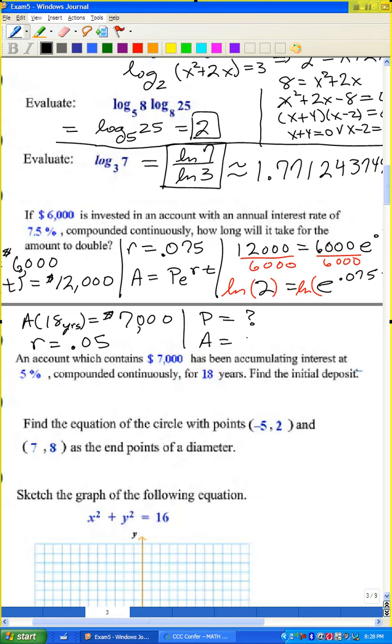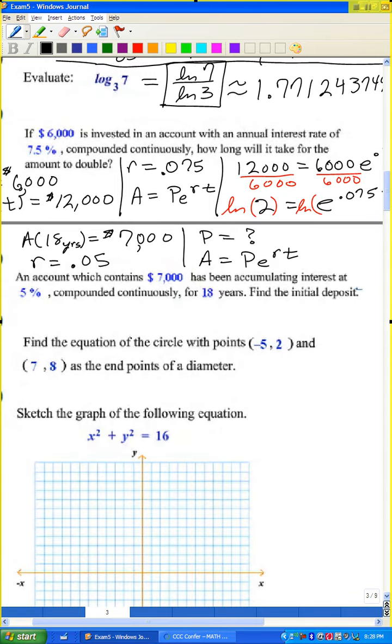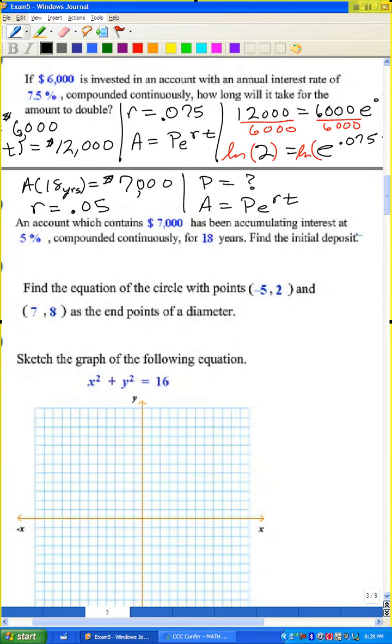where we're using the continuously compounded interest formula. And so let's do that. A is 7,000. Don't know P. R is 0.05. And T is 18.